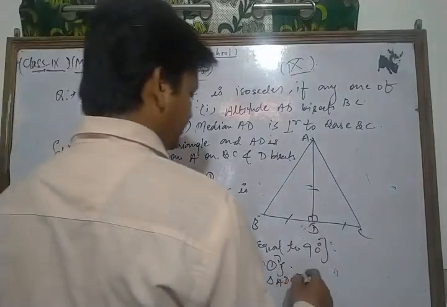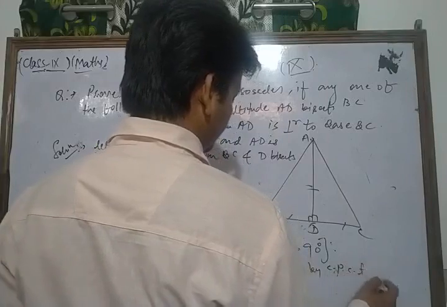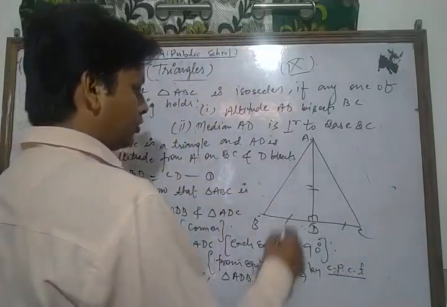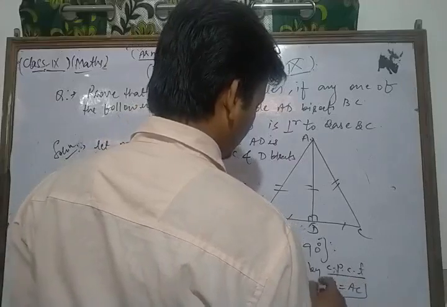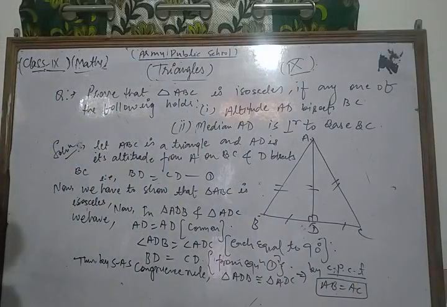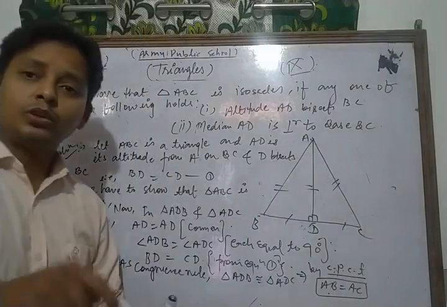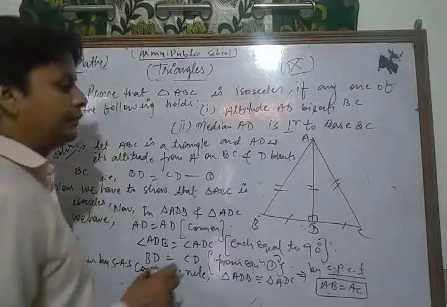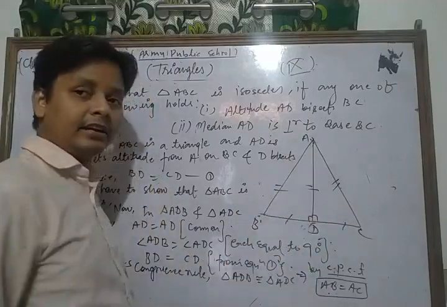Thus by CPCT, we have AB is equal to AC. AB is equal to AC means that, dear students, in this way we can say that the triangle ABC is an isosceles triangle.